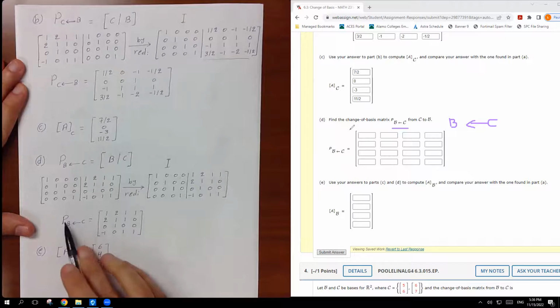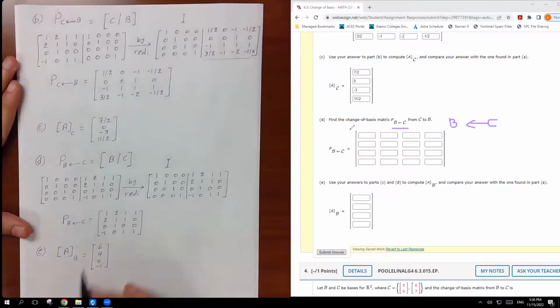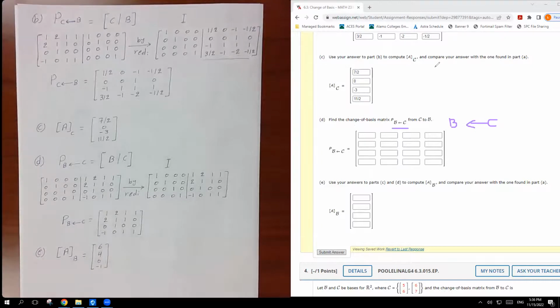The change of base from C to B is going to be this matrix 1, 2, 1, 1. So we're just going to type here 1, 2, 1, and 1, 2, 1, 1, 0. The third one is going to be 0 and 1, 2 zeros.